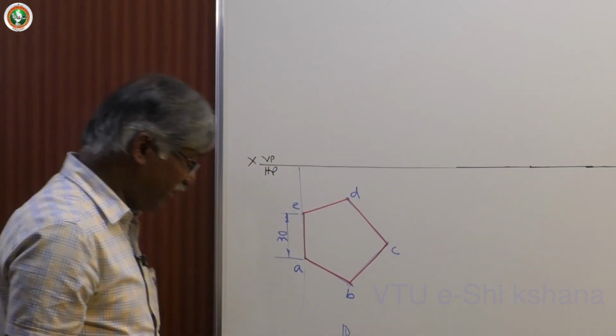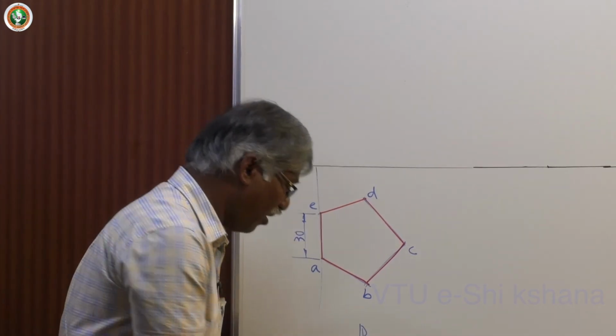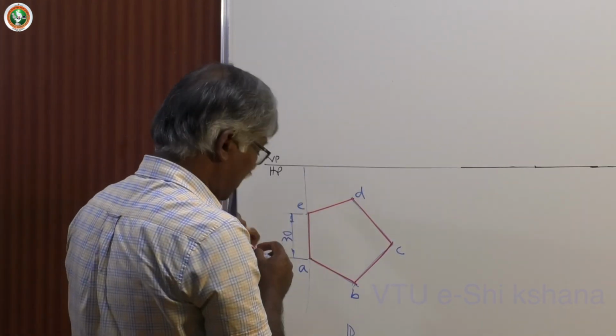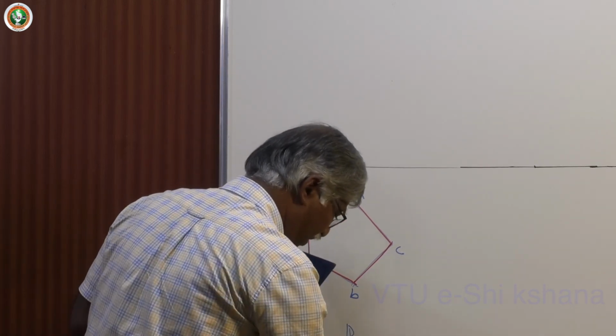Now project these points, corners particularly, towards the XY line. Now let me have the XY line reference.